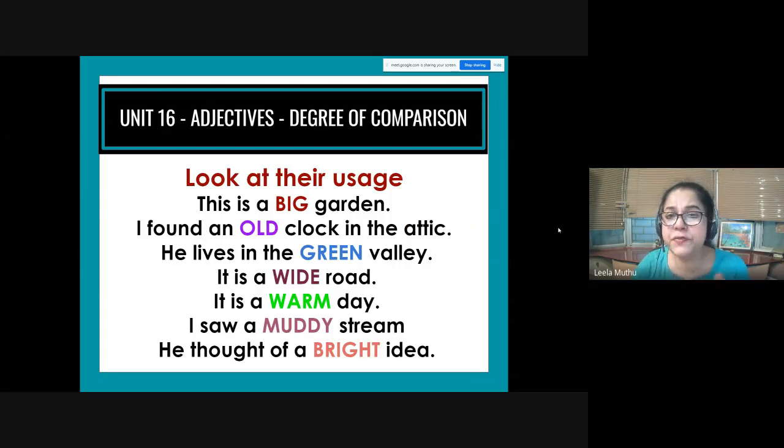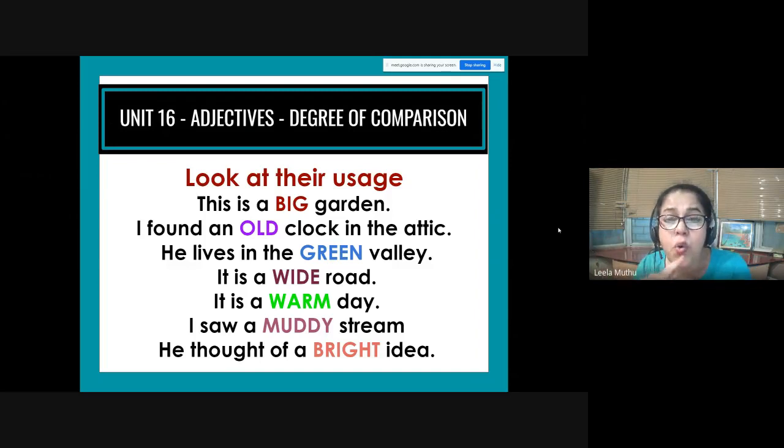Now look at the usage of these adjectives where the adjective is coming before the noun, describing it, in these sentences. This is a big garden. Big is the adjective. Garden is the noun that is being described, which follows the adjective.